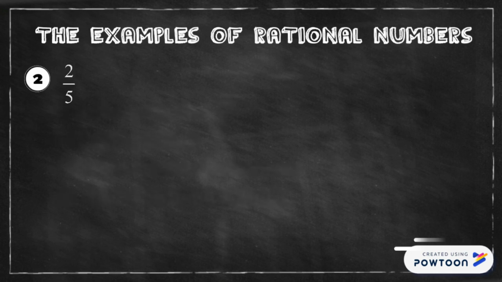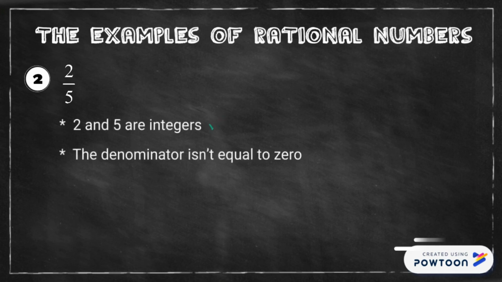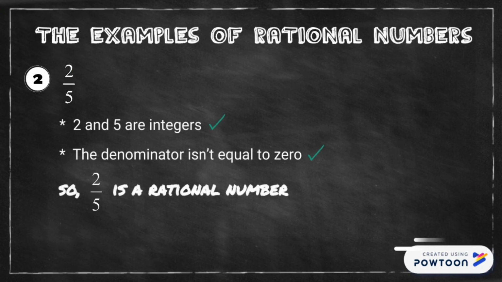Number 2. 2 divided by 5. 2 divided by 5 is already expressed as a fraction. From the fraction, we can see that 2 and 5 are integers and the denominator isn't equal to 0. So, 2 divided by 5 is a rational number.